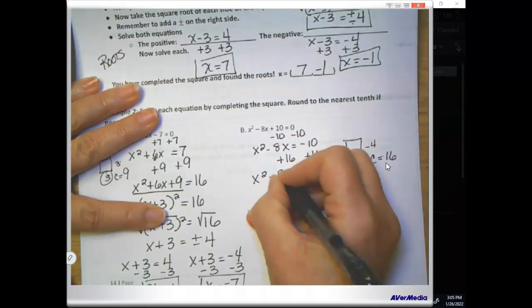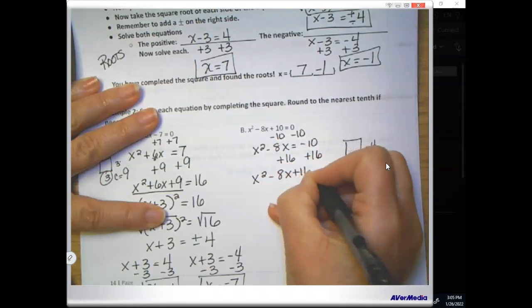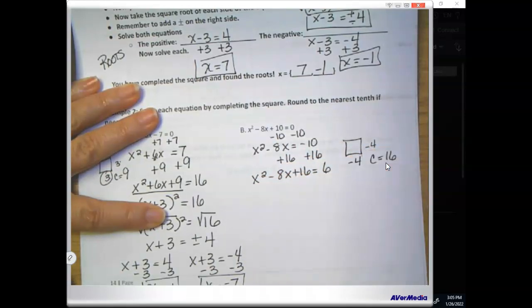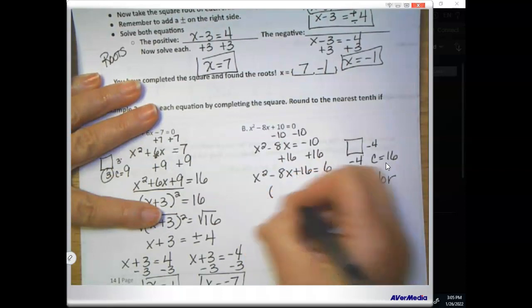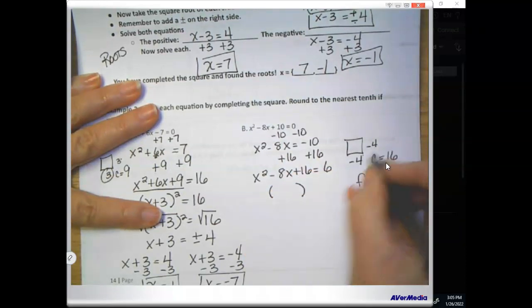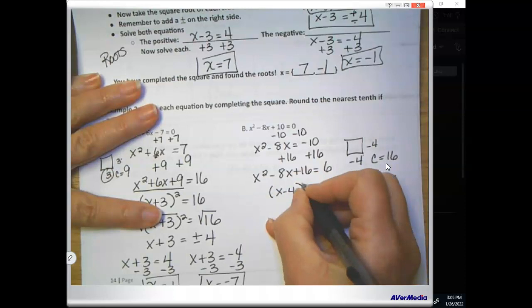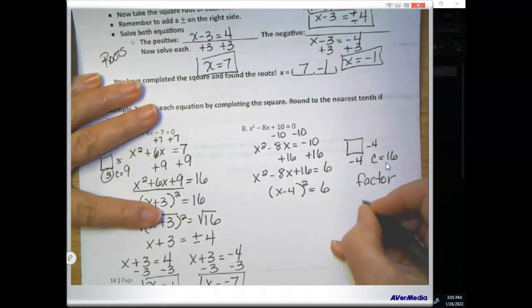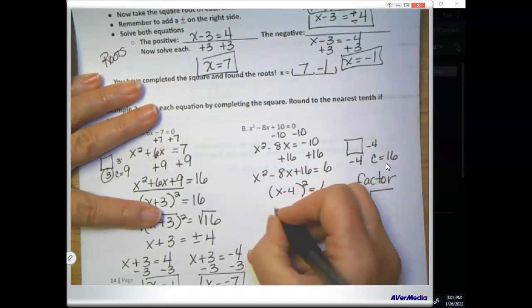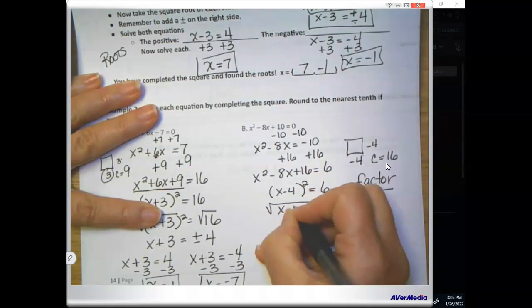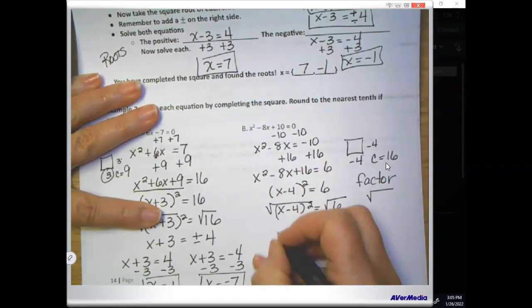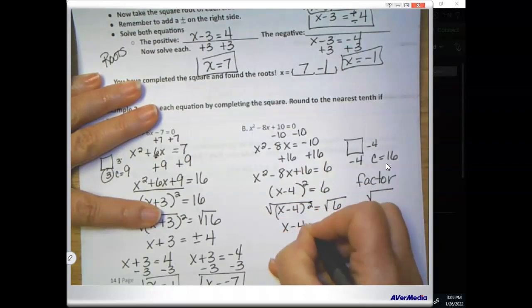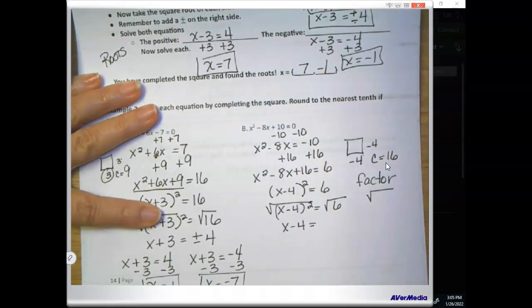X squared minus 8x plus 16 equals positive 6. Factor. Okay, it's those minus 4. So x minus 4 squared equals 6. Square root. X minus 4 is equal to the square root of 6.